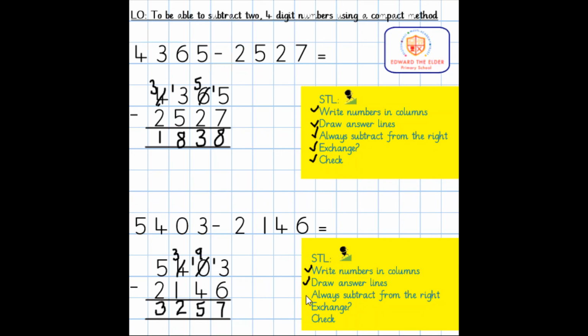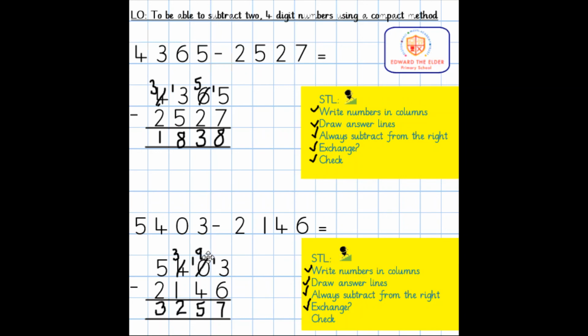Looking at our steps to learning, did we start from the right? Yes. Did we need to exchange? Yes. And the final step is to check. 3 subtract 6. We couldn't do this, so we needed to go to the tens. There were no tens, so we went to the hundreds. We exchanged the 400 to a 300. We carried the 100 across to the tens.